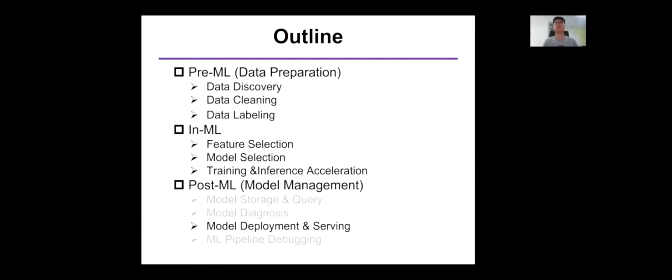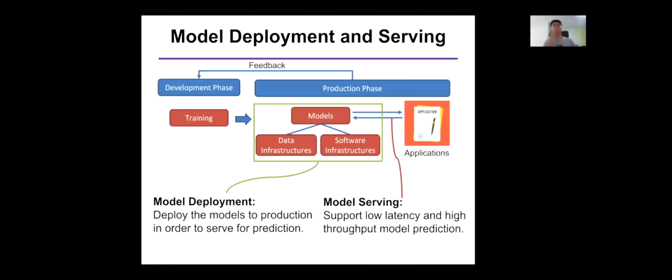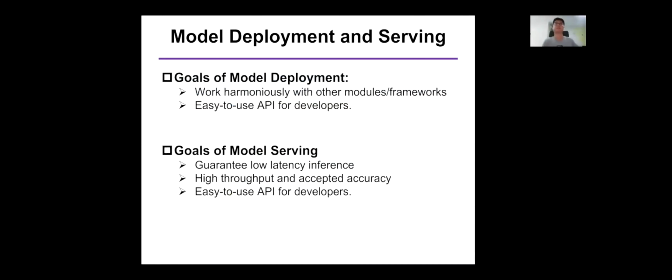And then after the model deployment, we come to the deployment and serving. So model deployment is to deploy the model to production in order to serve predictions. And model serving is to support low latency and high throughput model prediction.